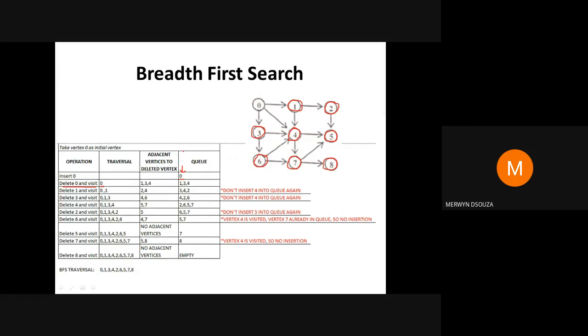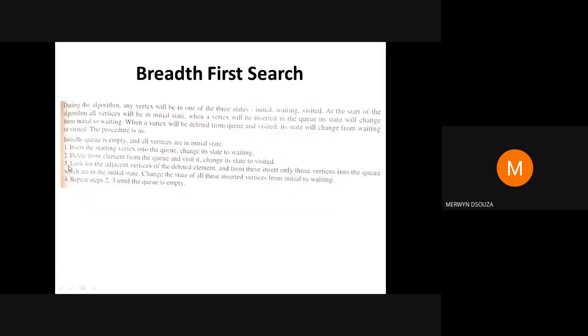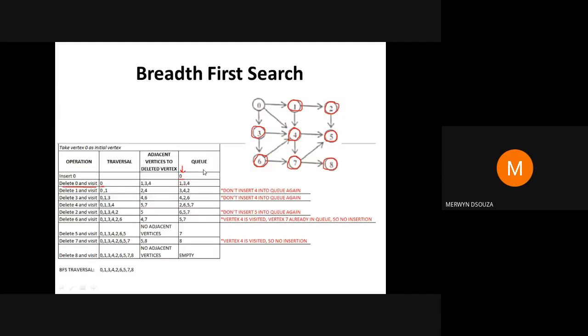Next step, look for the adjacent vertices of the deleted element. Which are they? Look at which vertices are reachable from 0. So from 0, this is your deleted vertex. The vertices reachable from 0 are 1, 3 and 4.